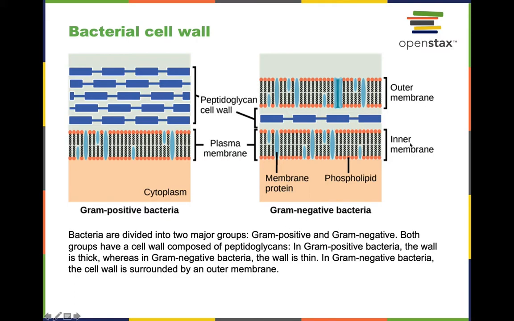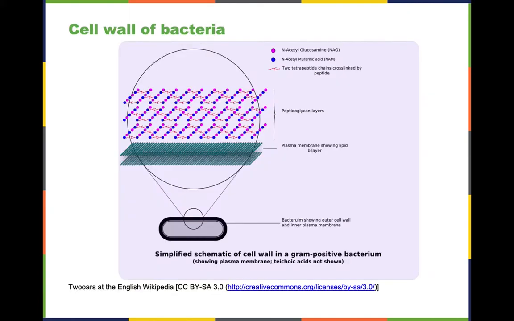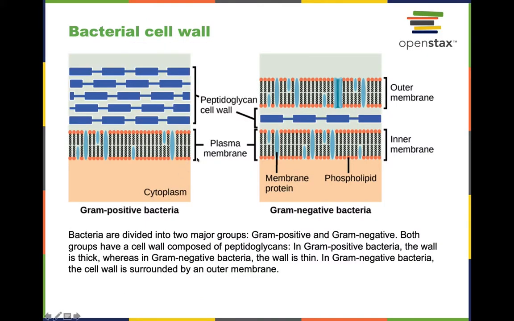Gram-negative bacteria have two plasma membranes, the inner membrane and an outer membrane, and they are separated by a thin cell wall of one row of peptidoglycan. So now let's take a look at this peptidoglycan multi-layer wall in gram-positive bacteria.